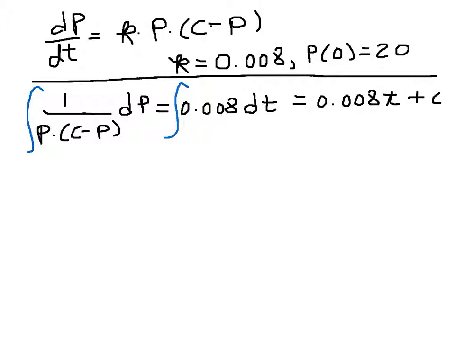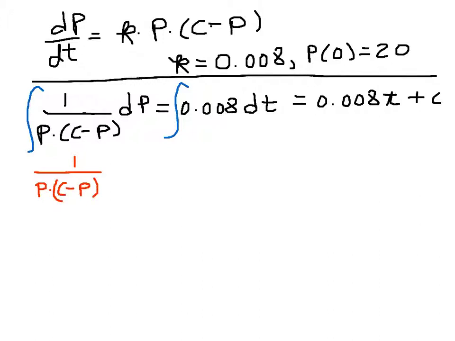So the whole challenge is, how do I integrate this? And I'm going to use partial fractions to deal with that. So here's what we do. We start with 1 over p times c minus p.